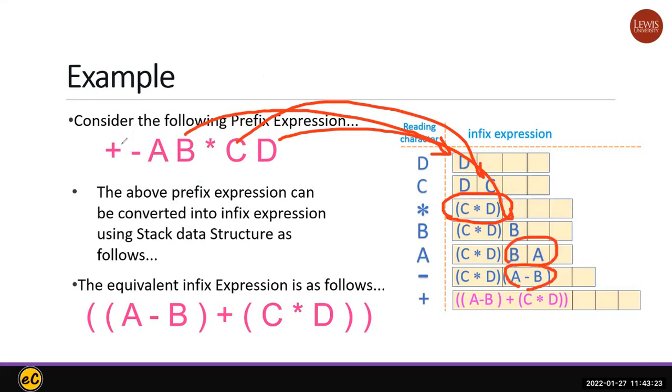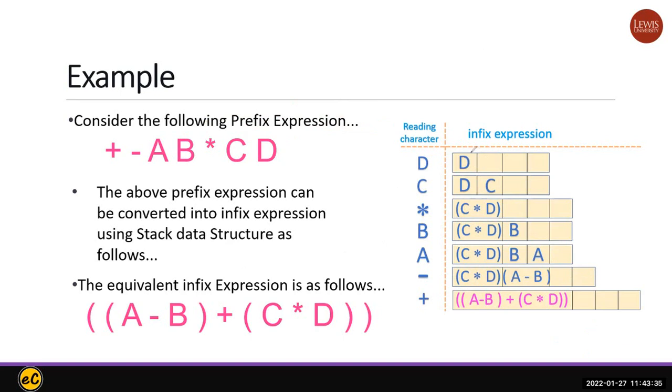And then you see a plus, you pop both of them out, and then you sum them up. So this one will get it. Remember that your operand popped first is on the left. You pop first, so the first one popped, that one should be on the left.